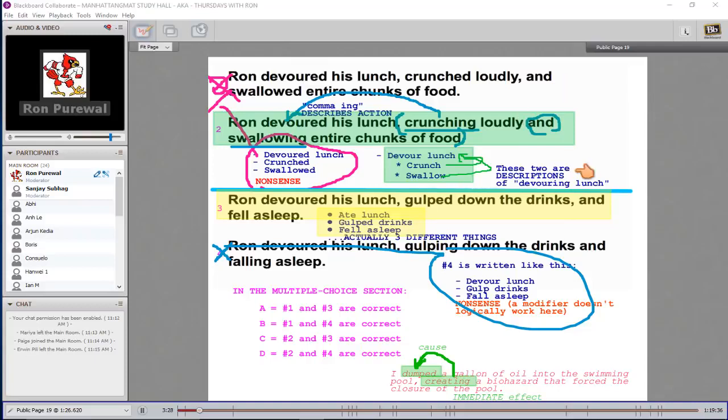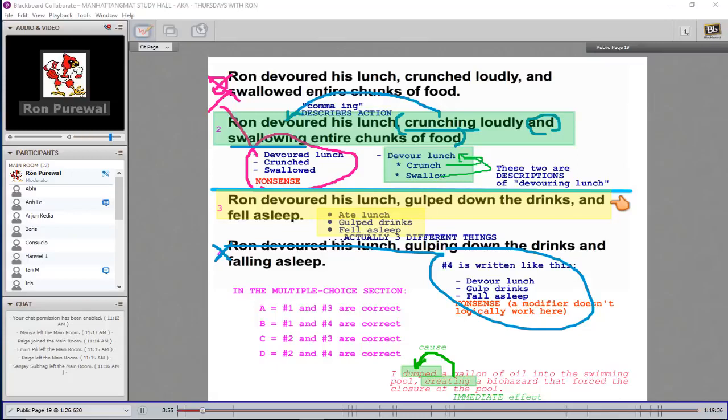Notice the first and third sentences here have identical grammar. That first sentence is wrong and the third sentence is right. Why? Who can tell me in the chat box? How is it possible that this sentence could be incorrect, but this sentence could be correct even though it has the same structure?